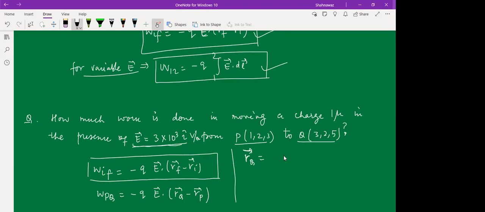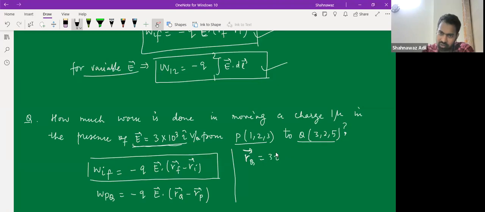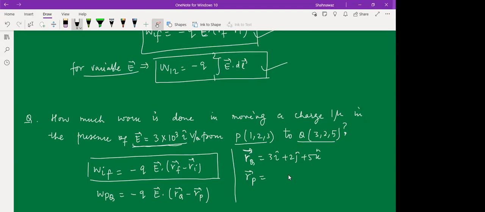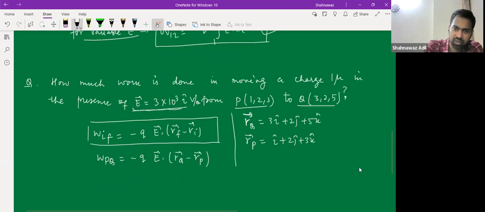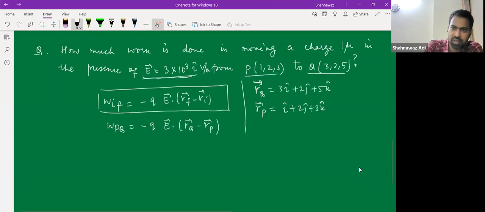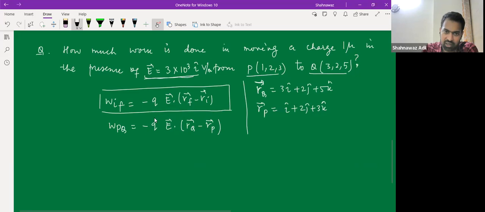So what is RQ? 3I plus 2J plus 5K. And Rabia, what is RP? That's I cap plus 2 j cap plus 3 k cap. Good. So we know RQ, we know RP, and we know the electric field and the charge.